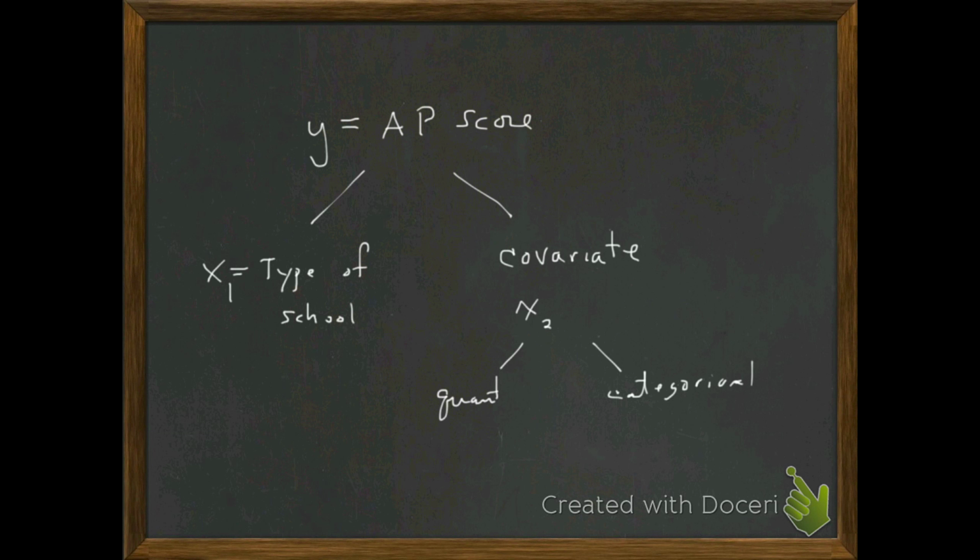Quantitative would be maybe an entering score. And a categorical could be something as simple as, did you take calculus?